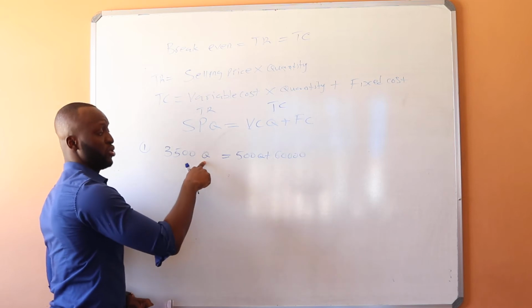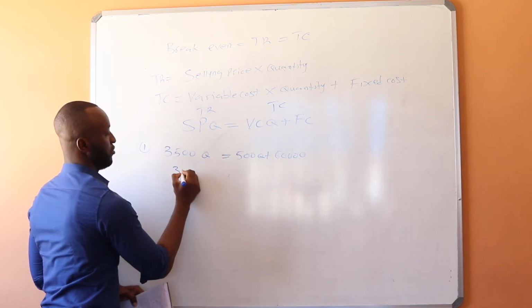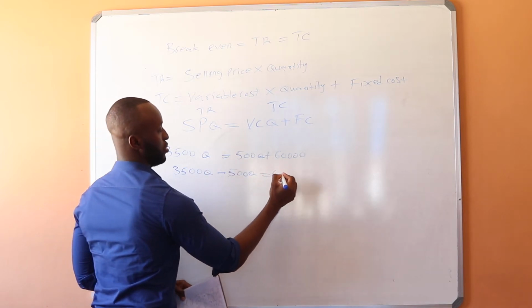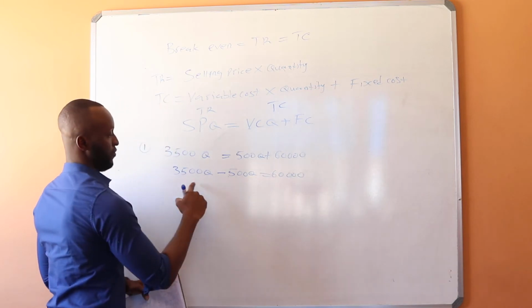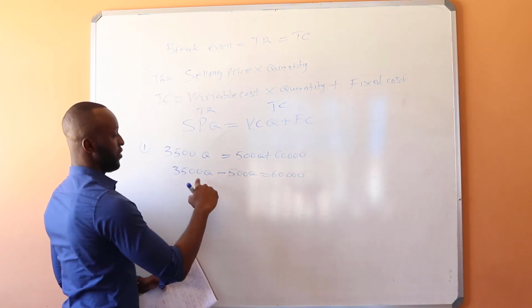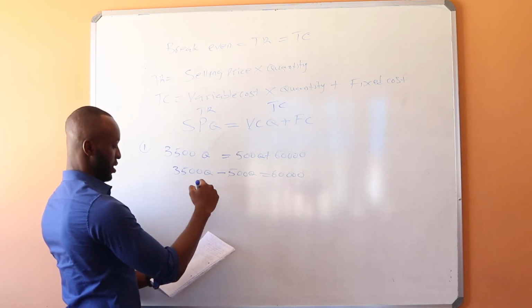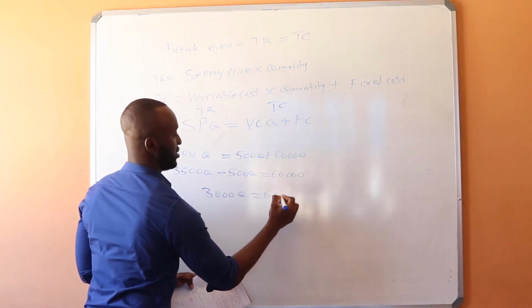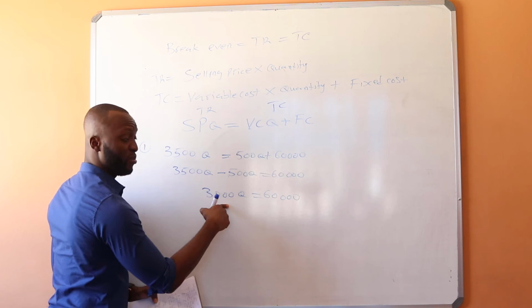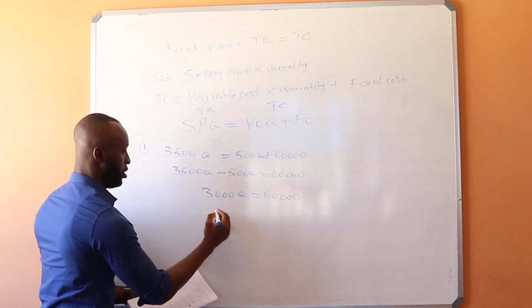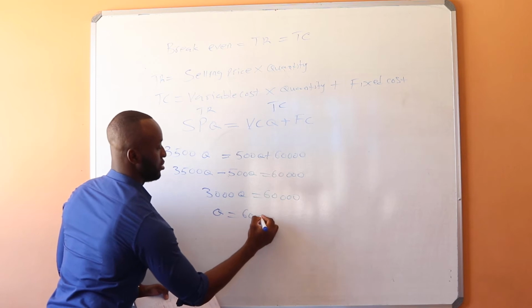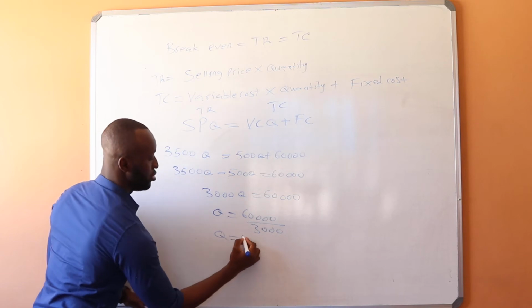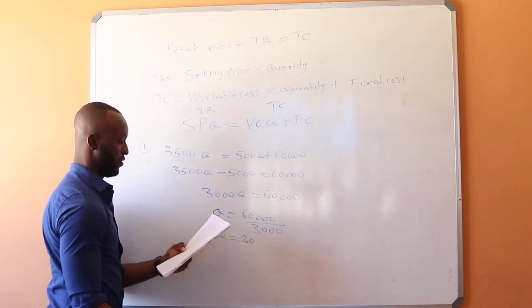We need to solve for Q. So 3,500 Q minus 500 Q is equal to 60,000. Taking like terms, 3,500 Q minus 500 Q will be equal to 3,000 Q equals 60,000, and you divide both sides by 3,000. In the end you get 60,000 divided by 3,000, and Q is equal to 20. That is the first question.